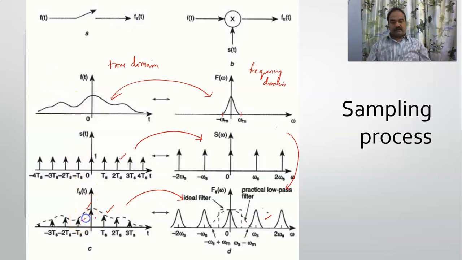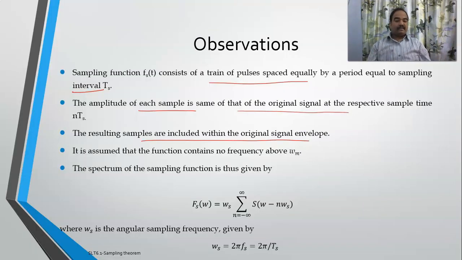These are the final samples now. They do represent the exact magnitudes at that particular interval time. Coming to frequency, it is assumed that the function contains no frequency above omega m, and this is the fundamental thing which we basically assume.